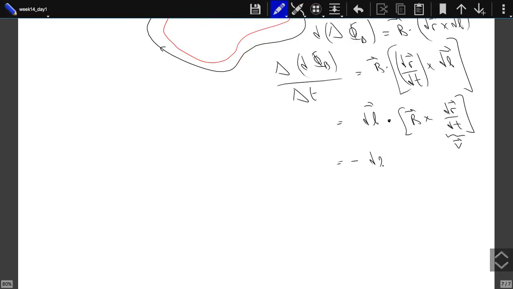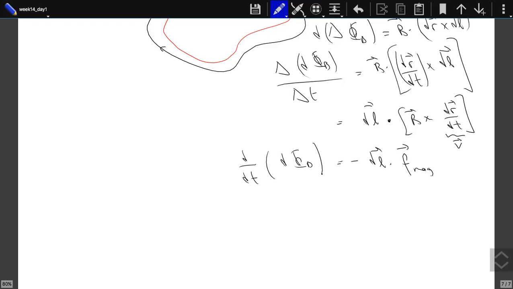So this is just minus dl dot F. So d by dt of that very small segment, the change in the flux due to the motion of that very small segment, is equal to minus that thing.